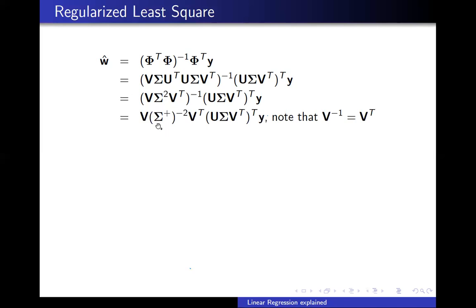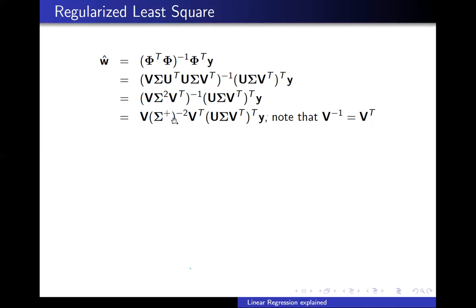We represent that in the form of sigma plus. So this representation is going to be 1 over the diagonal entry if it is non-zero, otherwise it's 0, and you are taking the square of that.